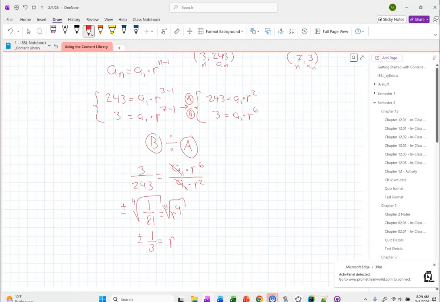Oh no! It'll be fine. So if I take this value for r, I can now solve for a sub 1. I'm going to plug that back into either location. It's fine.